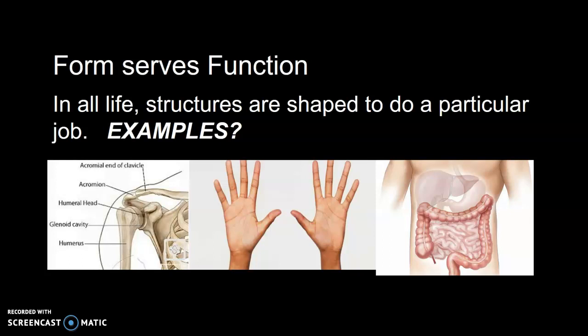The small intestine in the center looks like a long winding tube with many twists and turns. This is where most of the absorption of nutrients takes place from the food that we eat. So it needs the long winding tract to increase surface area to be able to absorb all of those vital nutrients. In fact, the human small intestine is about 20 feet long.